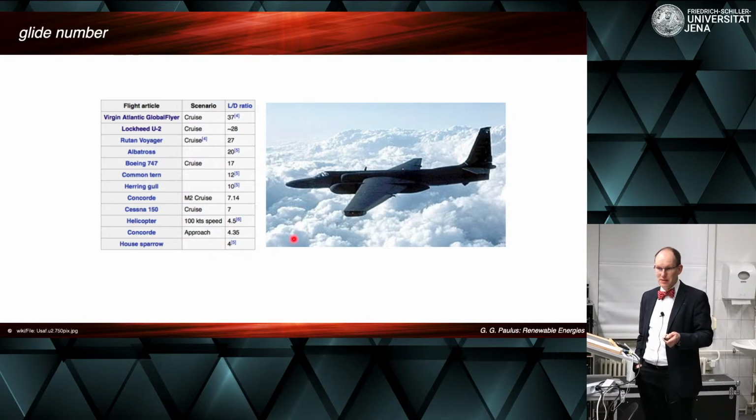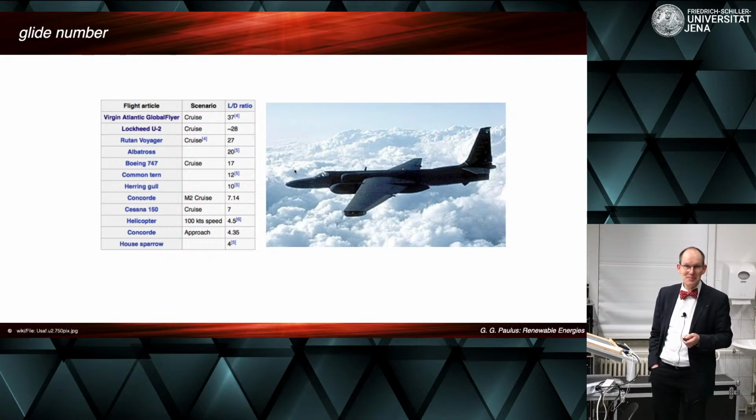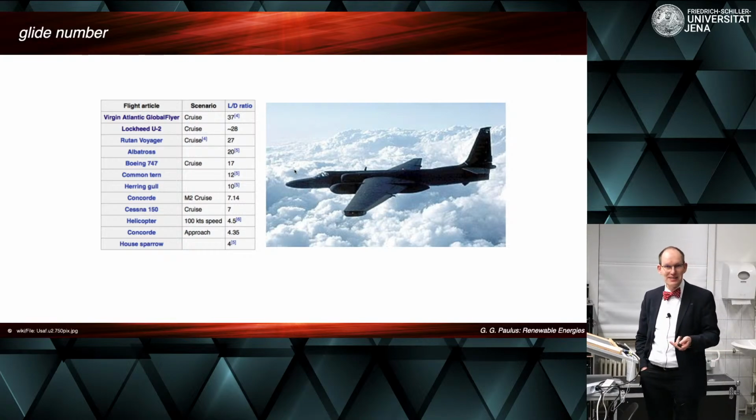So they flew this more or less regularly over the Soviet Union at a height of 20,000 meters, such that the Russian fighters and anti-aircraft missiles could not reach this plane.